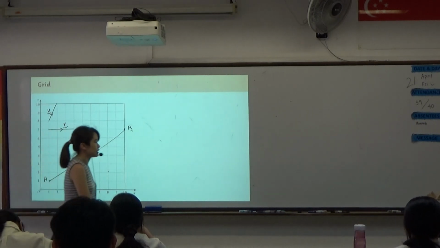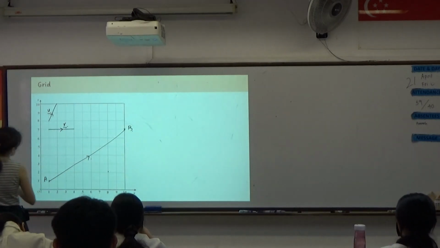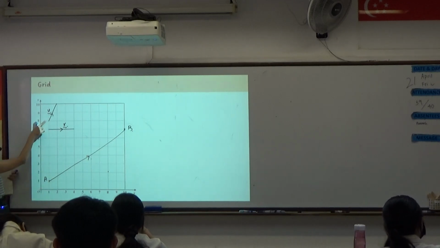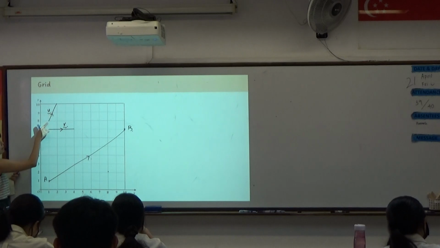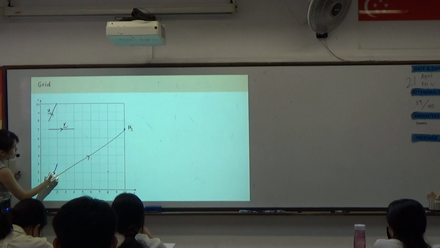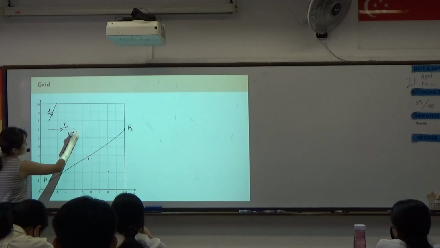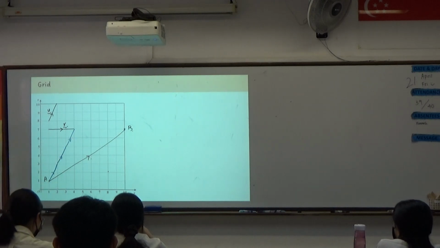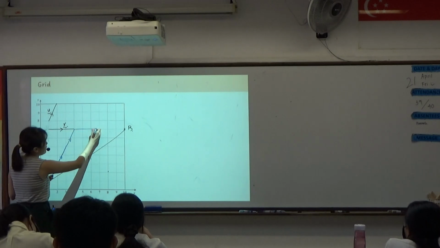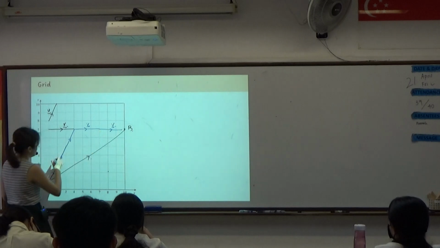If I want to draw it, there are two ways that we can go about drawing. One way is that starting from A, I go upwards first. For U, it is every 1 square, 2 squares up. So this is one U, and then I can have another U over here, followed by another U here. Then to reach the end point B, I can have a V over here, and then another V over here.